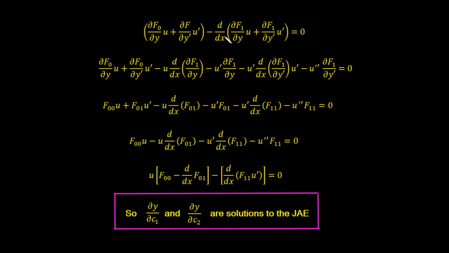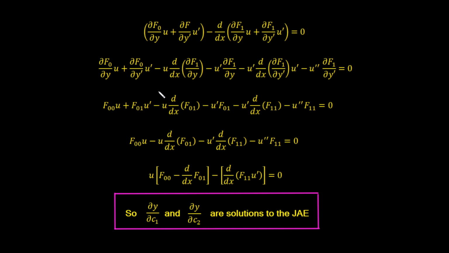And then we're going to differentiate our u, which gives us our u dash, and multiply it by this term here, which is a partial f1 by partial y. And we do a similar thing with this term here. Now just to note here, the final term here is going to be u dash, and it's going to be the d by dx of u dash, which is going to give you u double dash. So that's going to give us these 6 terms.